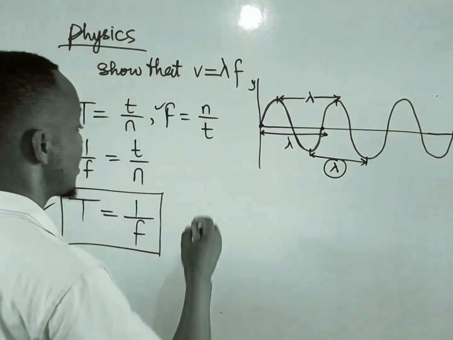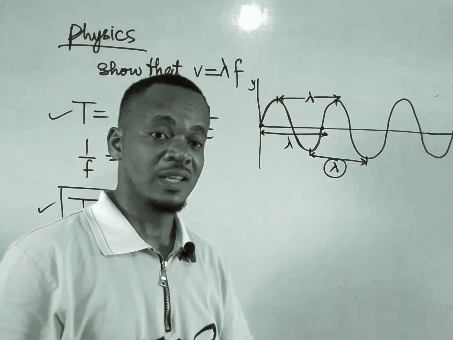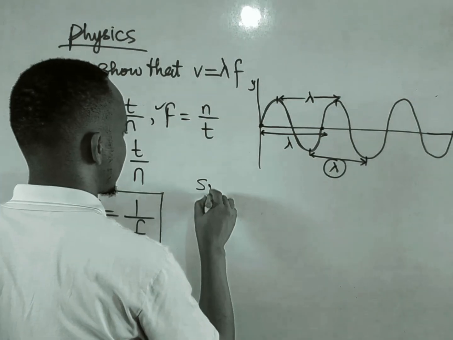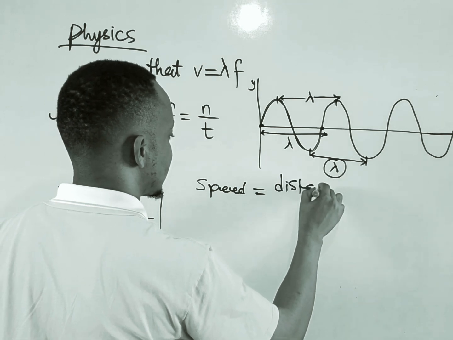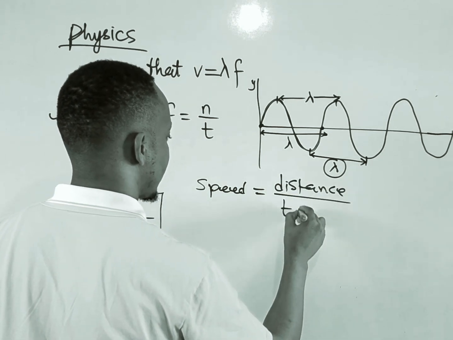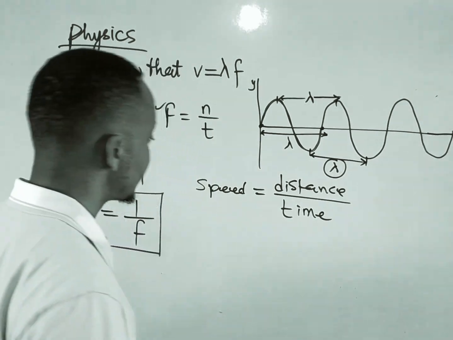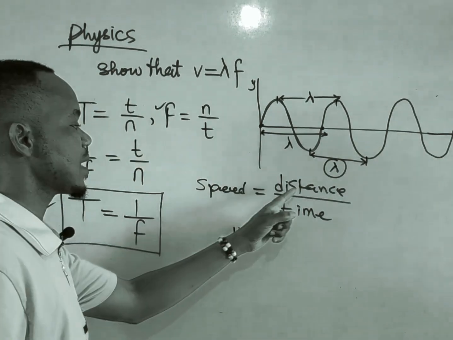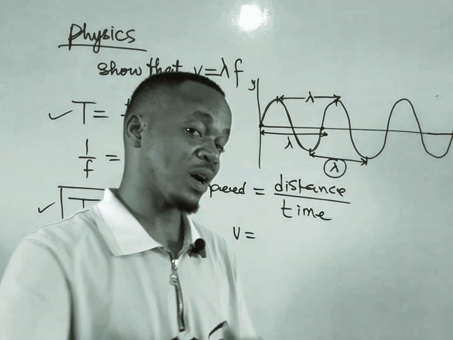Now the speed: you know that for linear motion, speed is equal to distance over time. That is the speed. Now this distance we are talking about is the distance used to complete one oscillation, and that distance has turned into our wavelength.